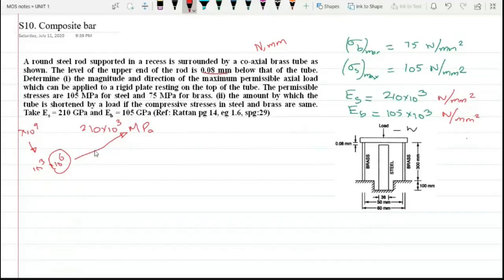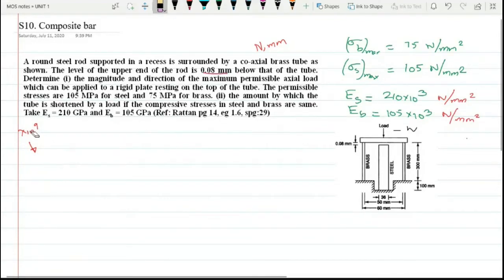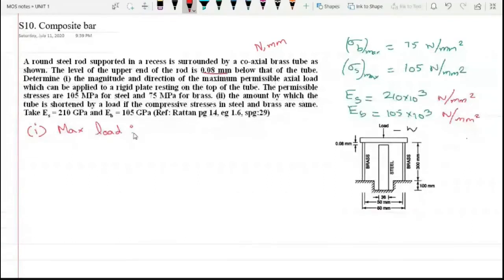So now we can proceed with solving this problem. I'm going to consider two cases. First, let us solve only the first subdivision, which is what is the maximum load. My aim is to identify the maximum load.